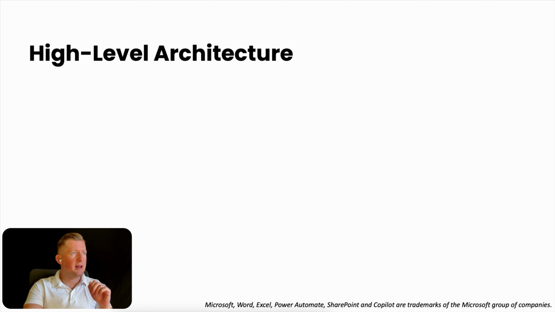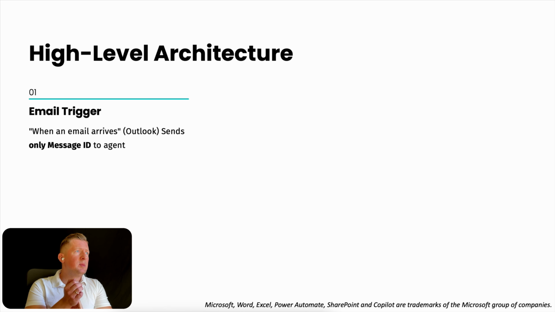The high-level architecture of the agent, and now I'm jumping into Microsoft Copilot Studio to show you these points. We have an email trigger when an email arrives, and it sends only the message ID, the clean message ID, no prefixes or anything after that.